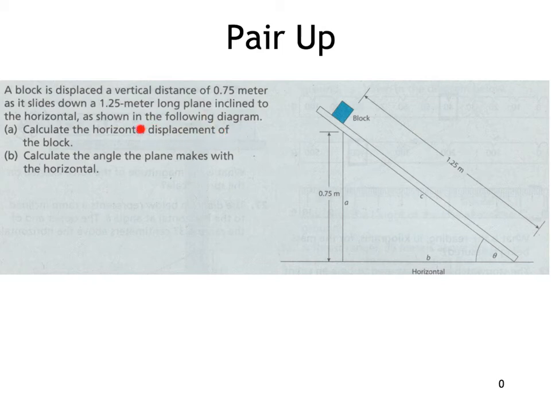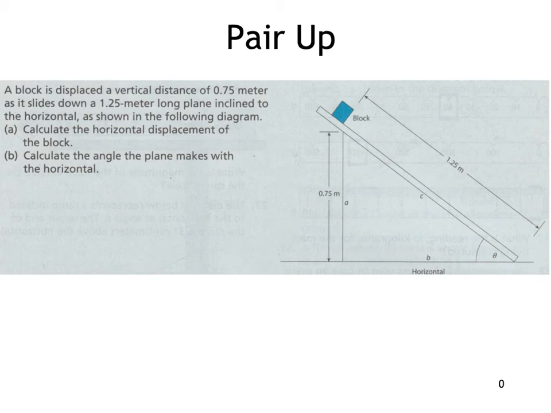Displacement is sort of like distance, and we just want to know how far the block goes in this direction. Now, if you know any geometry, you know that however much distance it travels this way as it goes down the plane is equal to the length of side B. So basically side B is going to be the exact same thing as the horizontal distance traveled by the block. And that doesn't count the vertical distance that it travels, just the horizontal.